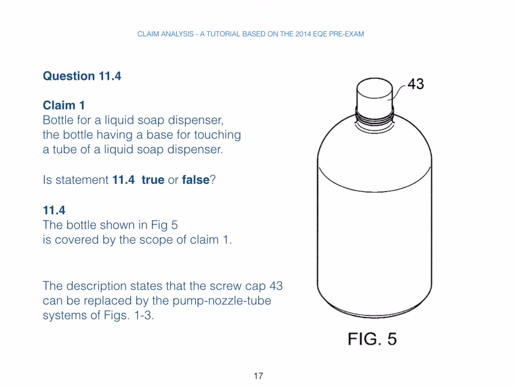The figure does not show that there is a base on the bottle, but can we assume that a base of the bottle is inherent in this figure? And we know from the description that if a liquid soap dispenser is fitted, like in Figures 1 to 3, the tube would touch the base of the bottle. But the question you have to answer is: is the bottle alone with its screw cap 43 covered by the scope of Claim 1, true or false? And we will go to question 12.